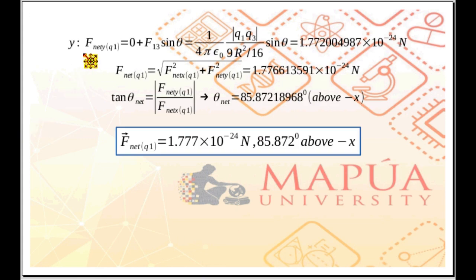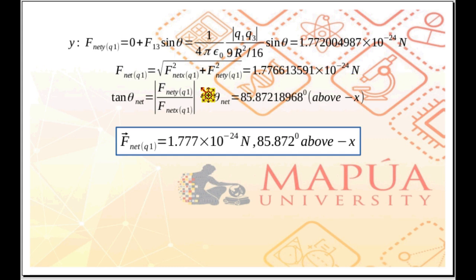Doing the same thing for the y component, we have F net y is equal to 0 plus F13 sine theta, which will give us F net y equal to 1.772004987 times 10 to the negative 24 newtons.